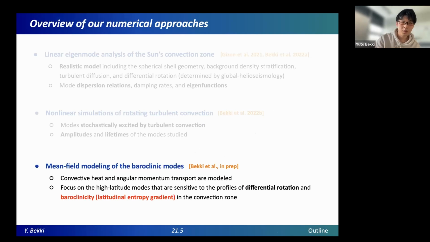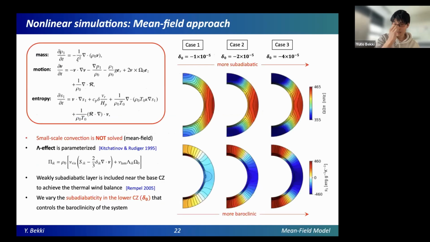So in the mean field approach, we can largely control the outcome. We can largely control the resulting differential rotation and latitudinal entropy profile by parameterizing the turbulent transport processes. So that's the last topic of this talk.